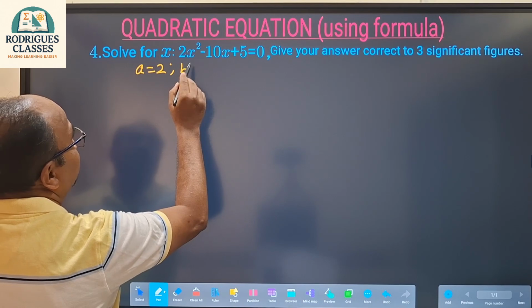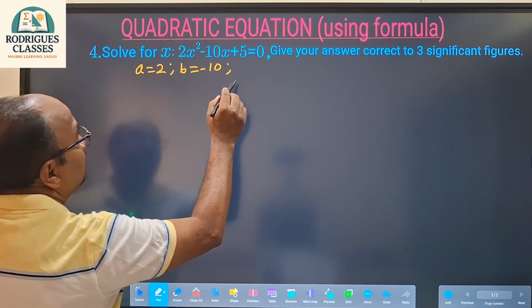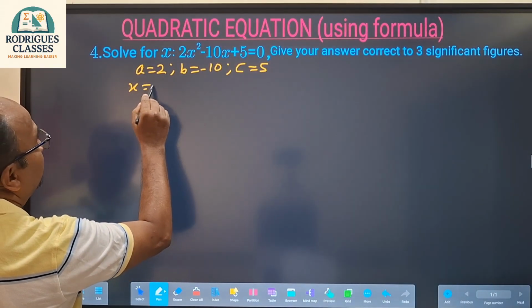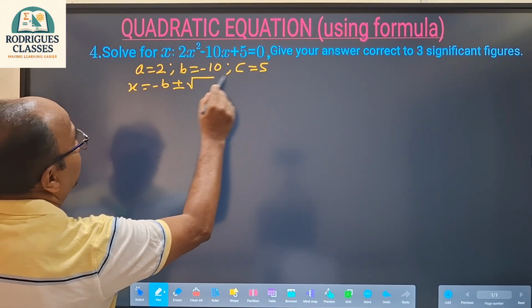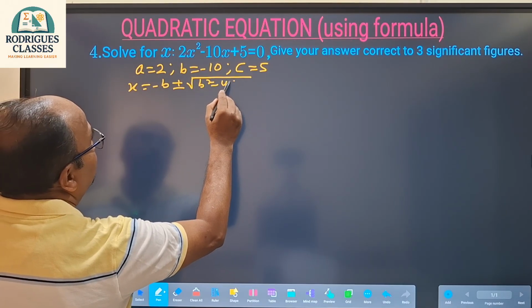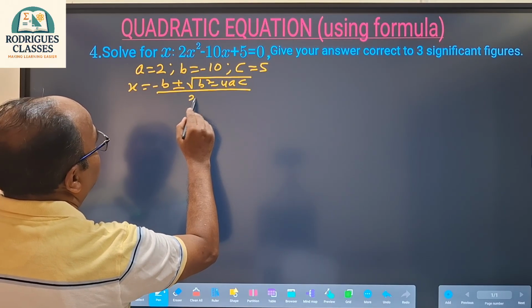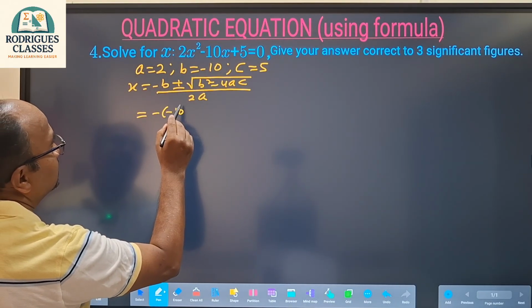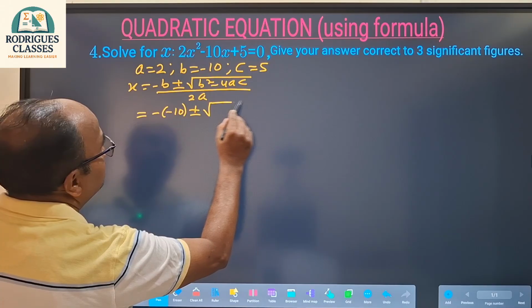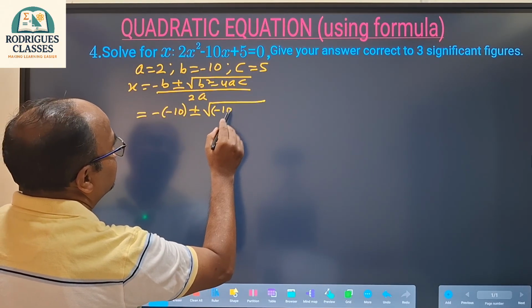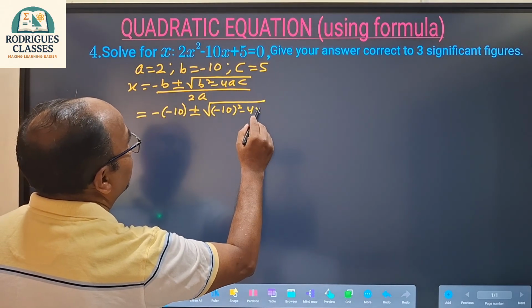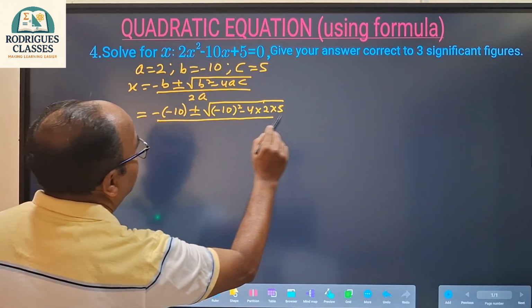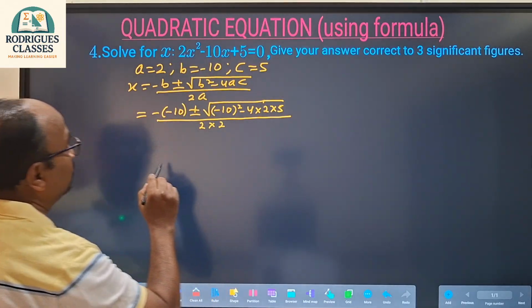X is having minus 10, so B value is minus 10. And the constant term C is 5. So writing the formula, x is equal to minus B plus minus root of B square minus 4AC by 2A, substituting the values then. Minus, then minus 10, plus minus, we have B as minus 10, so square of minus 10, minus 4 into A which is 2 and C which is 5, divided by 2 into A value which is 2.